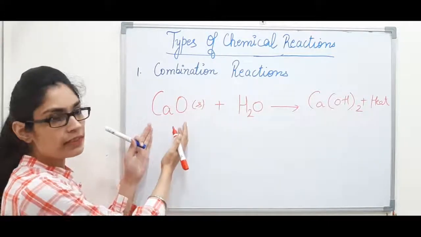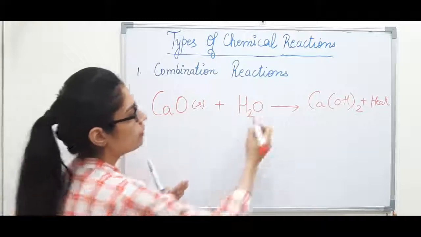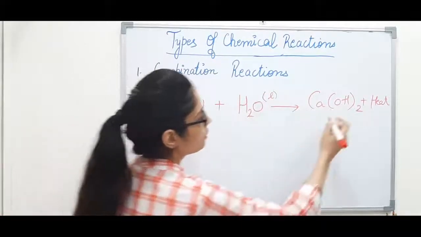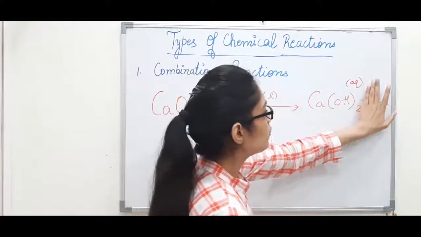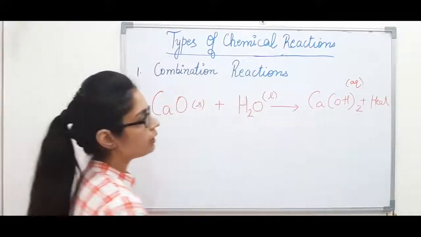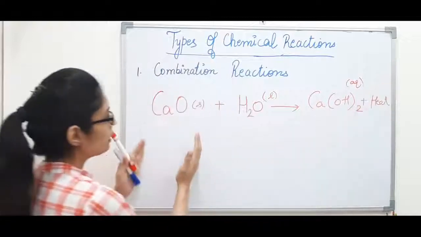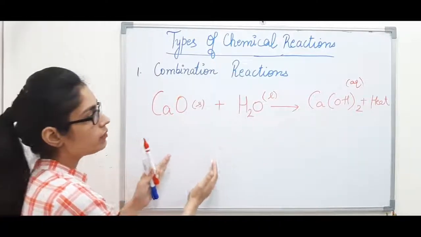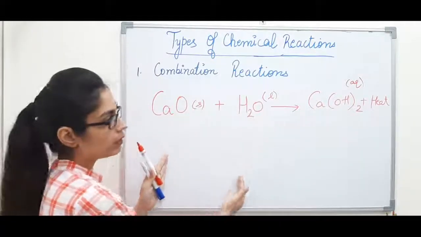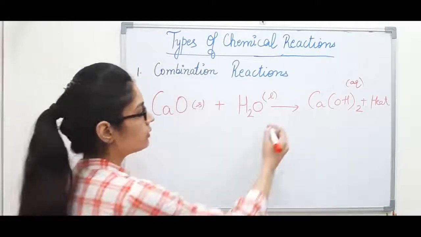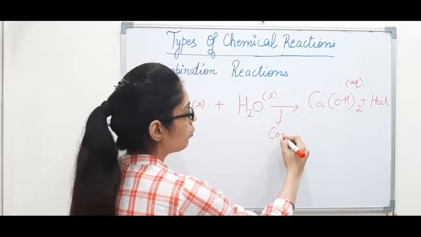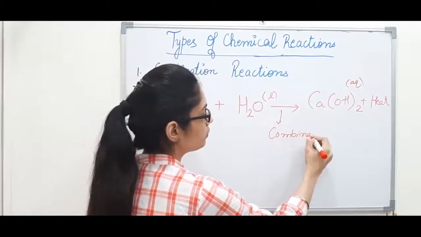This calcium oxide is in solid state, water is in liquid state, this is in aqueous state. So let's observe our chemical equation till here. I can see calcium oxide plus water, two reactants are there and they are giving me one single product, which means this is an example of combination reaction.